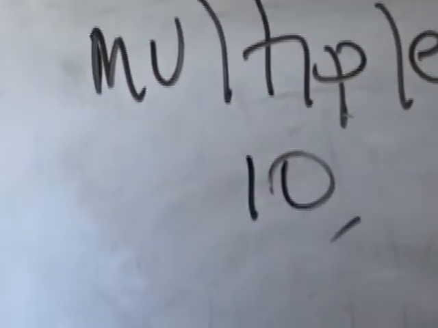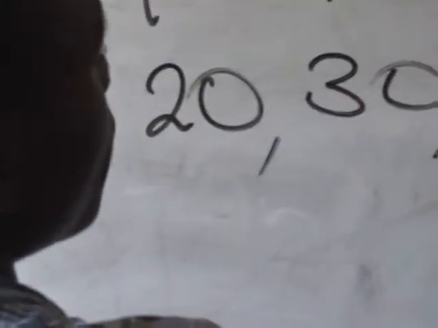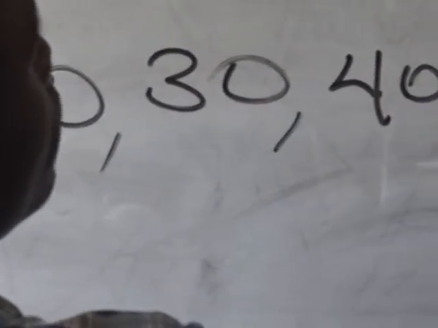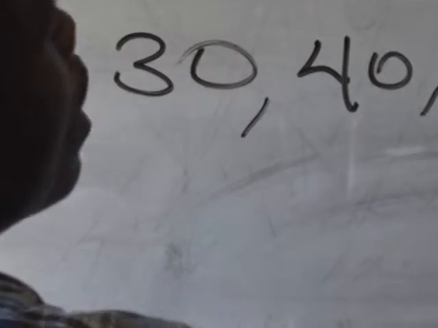Multiples of 10 we have 10, 20, 30, 40, 50, 60.